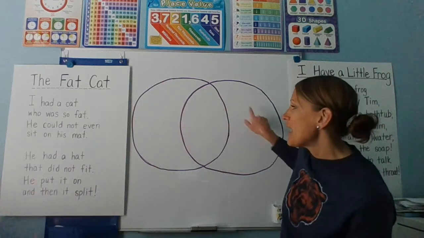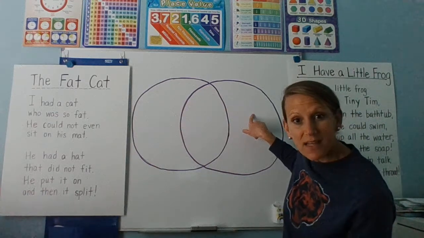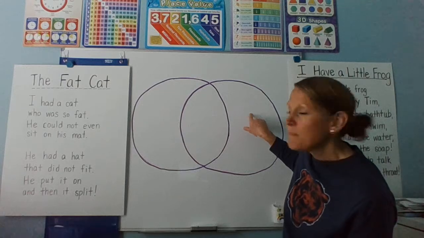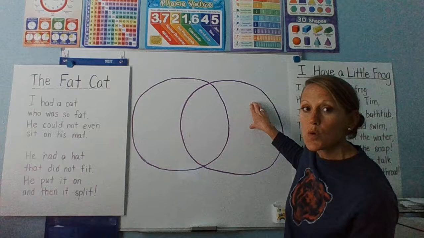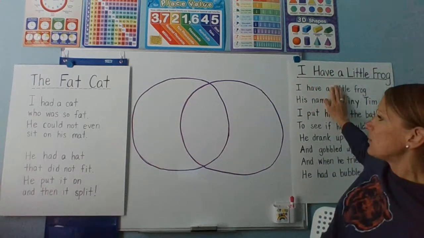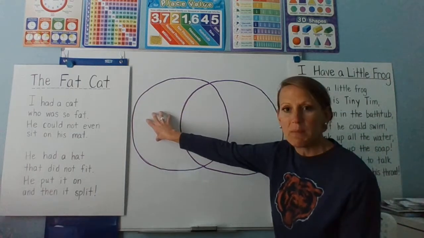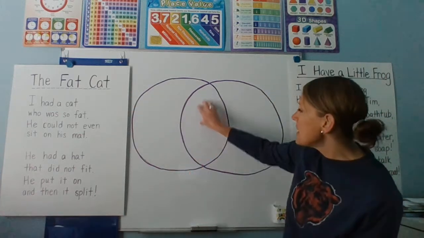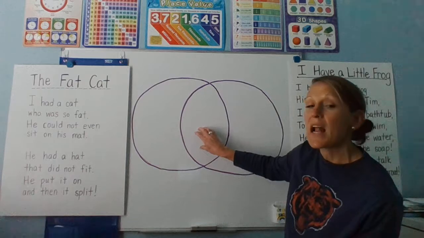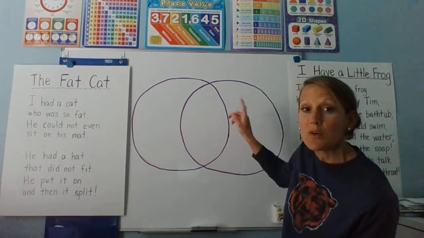Over here is where they are contrasting. Contrasting means different. So this means that it would be just true about I Have a Little Frog. And over here would mean it's just true about the fat cat. And in the middle, it would be things that are alike between the two poems.